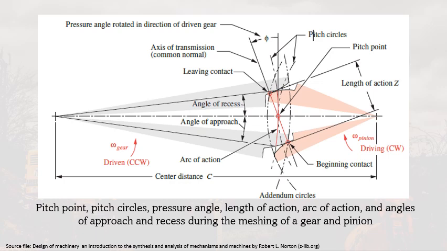Therefore, the ratio of the driving gear radius to the driven gear radius remains constant as the teeth move into and out of the mesh. So the pitch point is located here. This is our pitch point. It is also located at the intersection of the two pitch circles of the two mating gears.